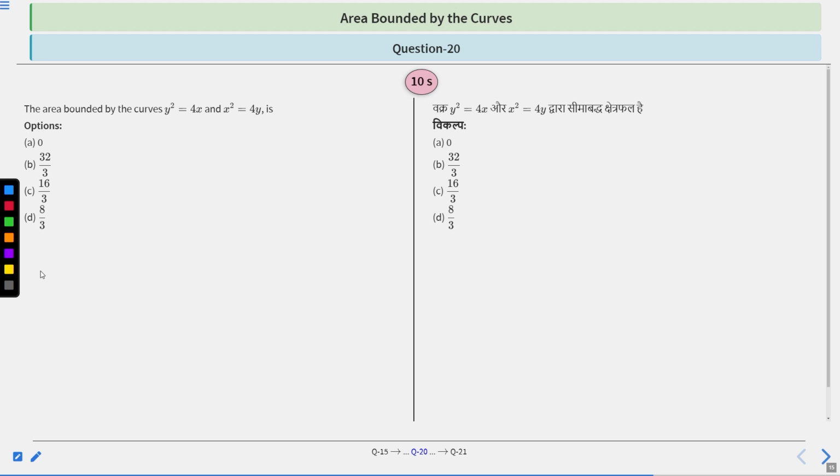After finding points of intersection, we will either integrate in terms of x or in terms of y. Here, we will see from which interval to which interval we have to integrate by equating these two equations. So in this way, we try to approach this question. We have 10 seconds to solve this question. After 10 seconds, we will discuss the solution.